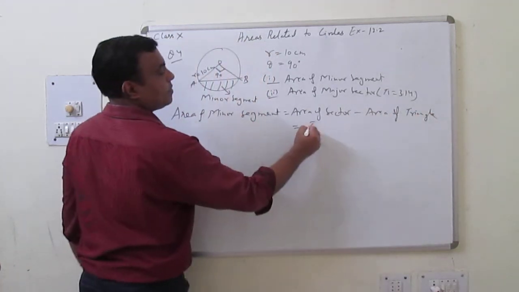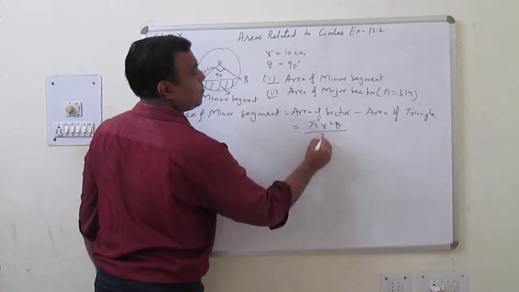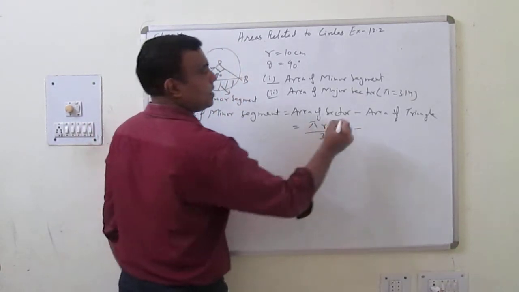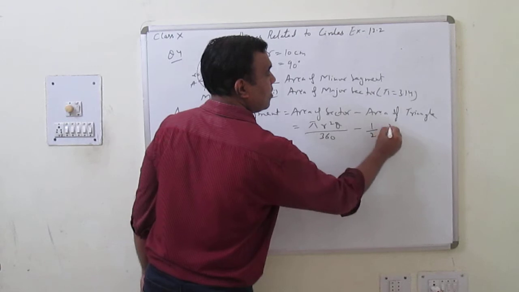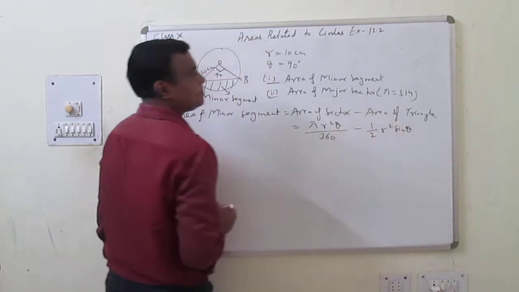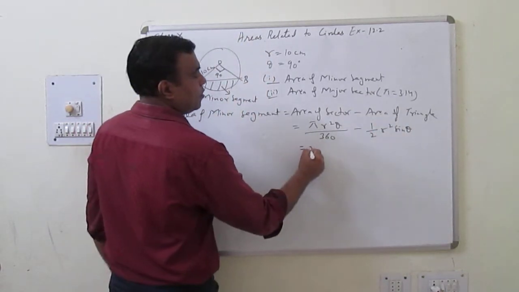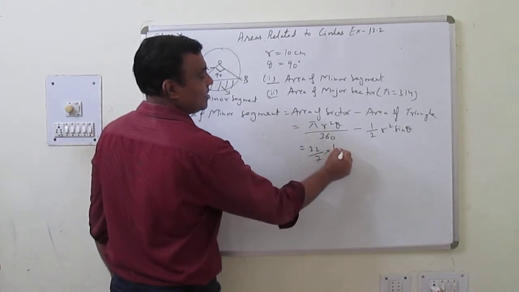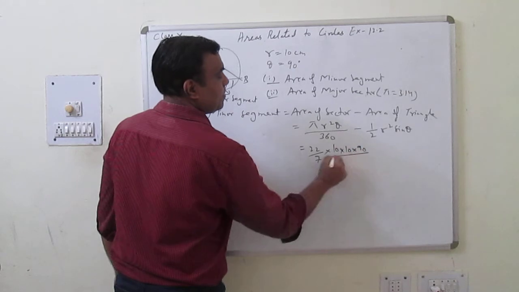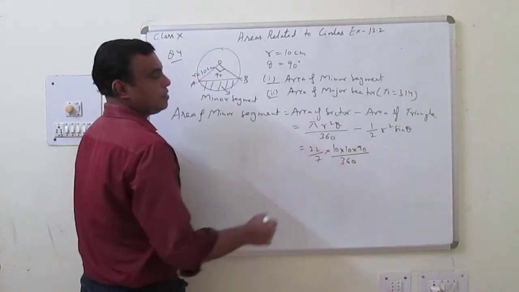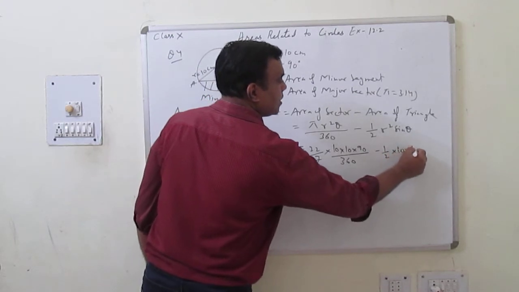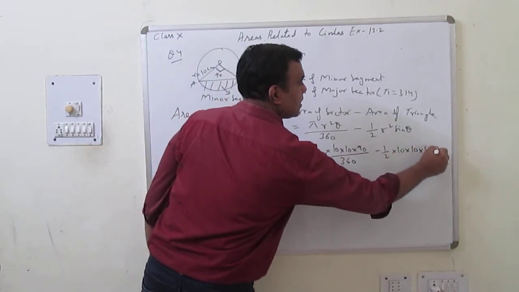Area of sector is pi r square theta upon 360, minus area of triangle half r square sin theta. So 22 upon 7 into r is 10, theta is 90 upon 360, minus half, r is 10, theta is 90.